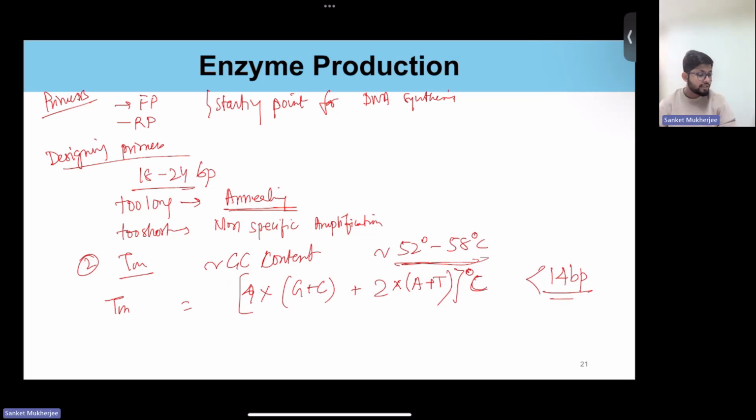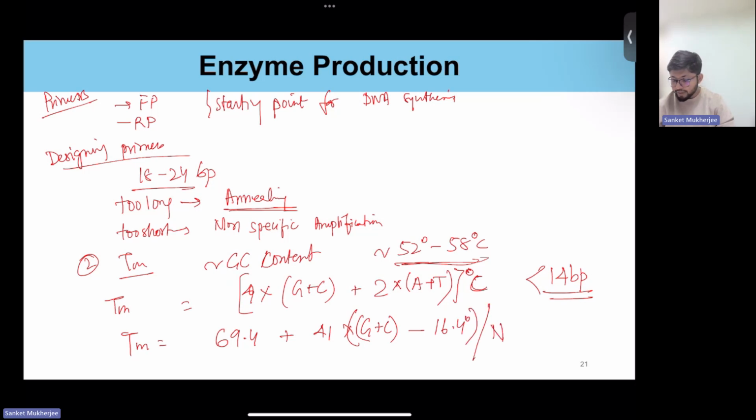But when the primer length is longer, then the formula changes. It's something like this: 69.4 plus 41 times (G plus C) minus 16.4 divided by N. N stands for the length of the primer.